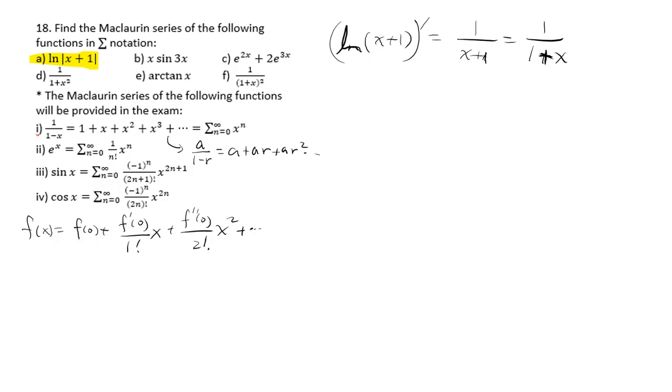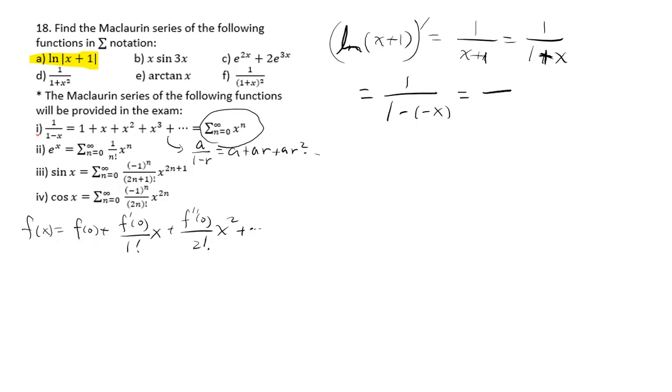The only difference is that here I have plus x, whereas that one is negative x. So you want to think of this as 1 over 1 minus negative x, and use this formula with negative x instead of x.